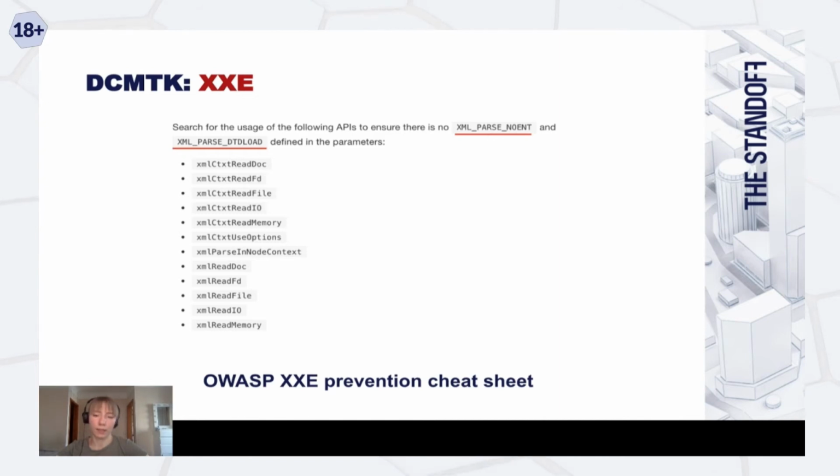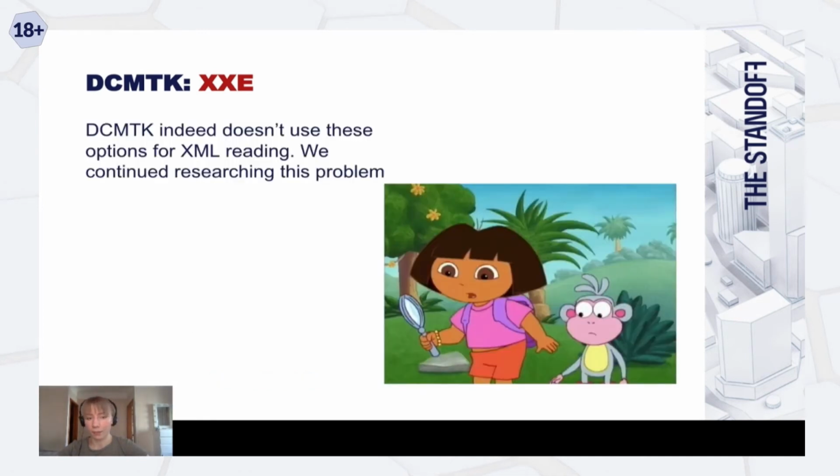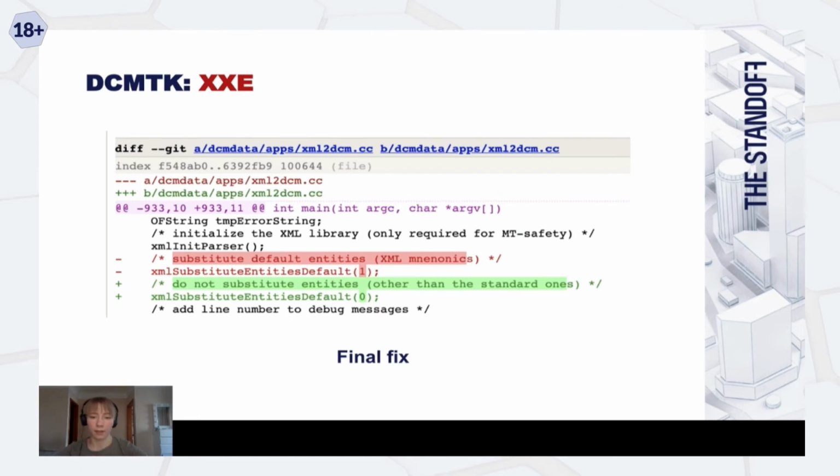They are also warning us to be very careful using the functions from this list. DCMTK has not used any functions from this list, and none of the options have been sent for parsing. What was the problem? After talking to the vendor, it turned out that we were using different libxml versions.